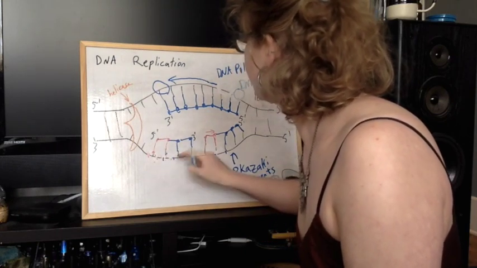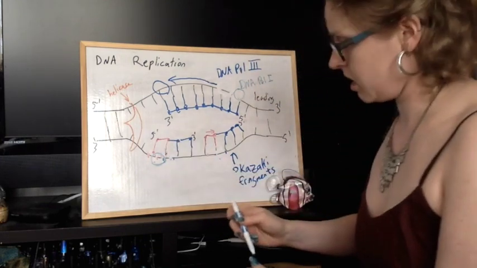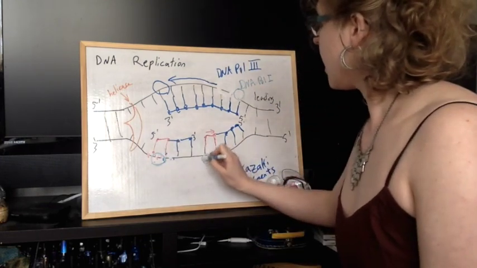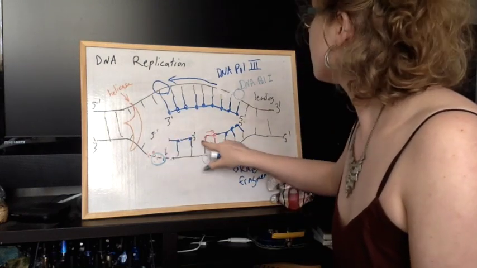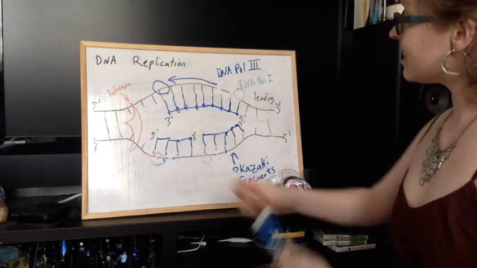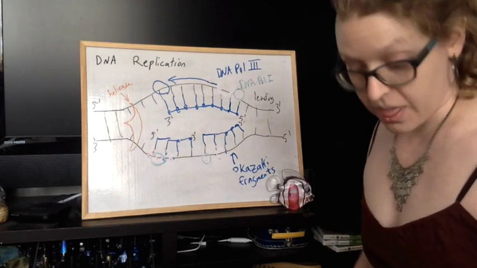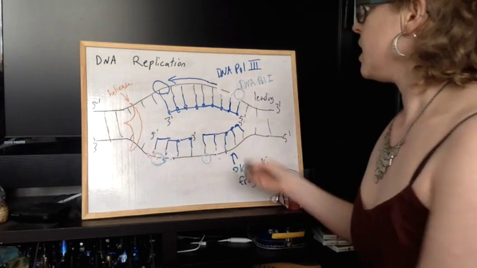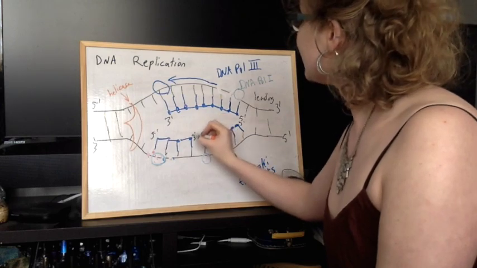After DNA polymerase 3 gets out of the way, DNA polymerase 1 can come in at both of these sites and replace those primers with DNA, but it can't connect these two Okazaki fragments. That job is for an enzyme called ligase.